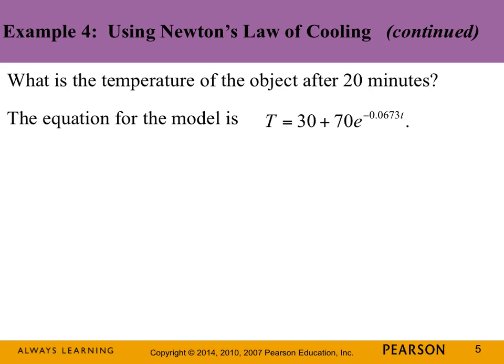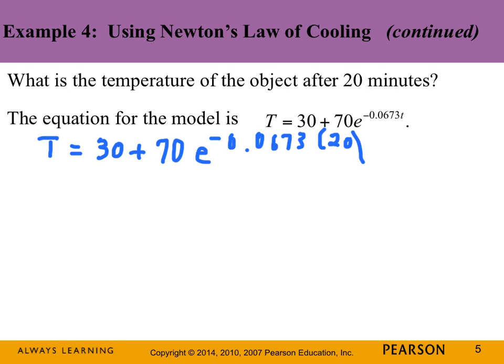So the next part of example 4, we're asked what the temperature is after 20 minutes. So we have our model equation, and we're going to say T equals 30 plus 70 times e raised to the negative 0.0673, and t is 20 minutes.